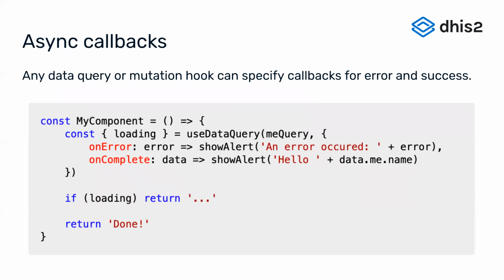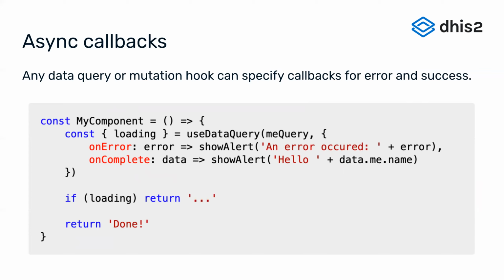Async callbacks. I believe this is the last kind of secret feature of use data queries that we'll talk about today. What it allows you to do is to respond to the state changes that happen by default in the use data query.